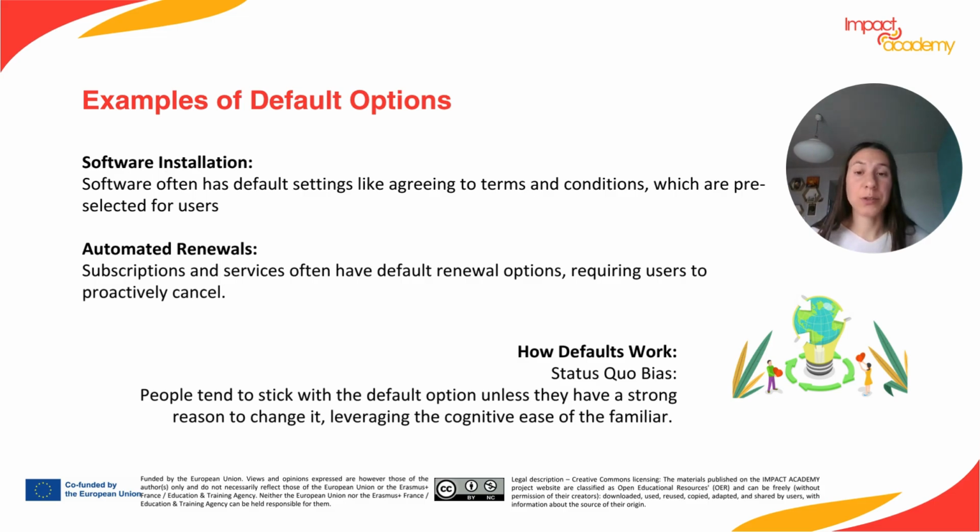Examples of default options: software often has default settings like agreeing to terms and conditions which are pre-selected for users, or automated renewals. Subscriptions and services often have default renewal options, requiring users to proactively cancel. How do defaults work? The status quo bias. People tend to stick with the default option unless they have a strong reason to change it, leveraging the cognitive ease of the familiar.